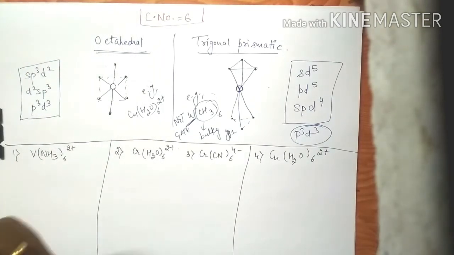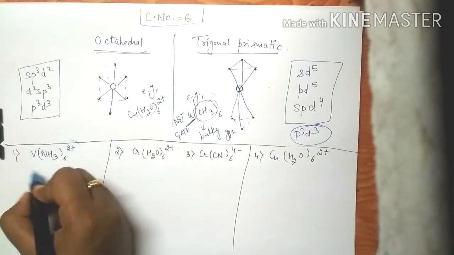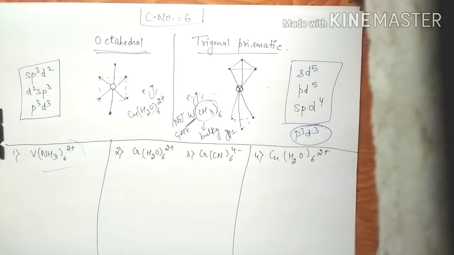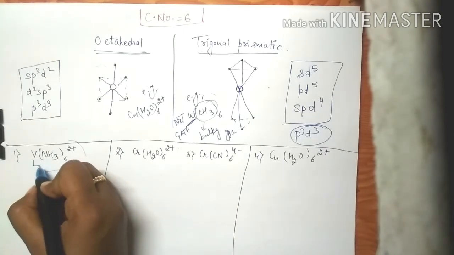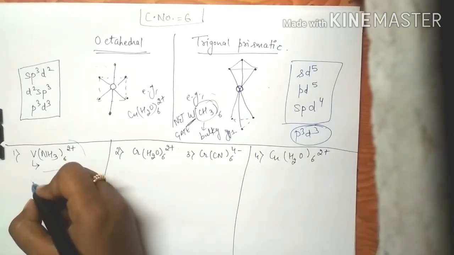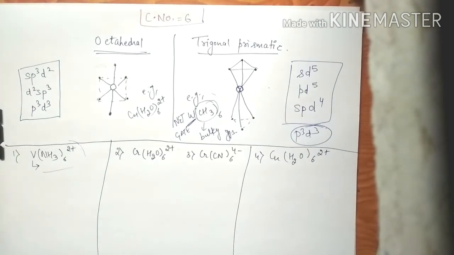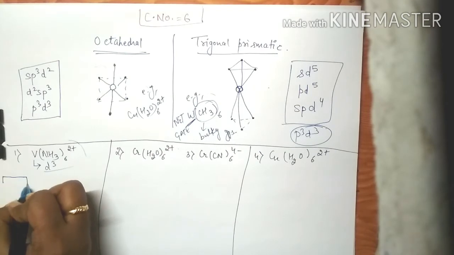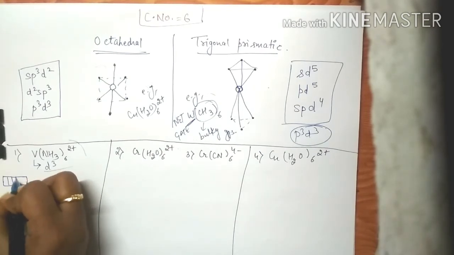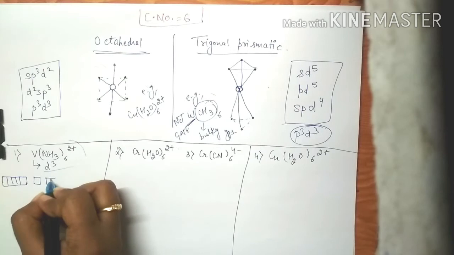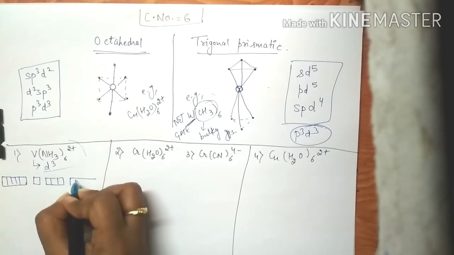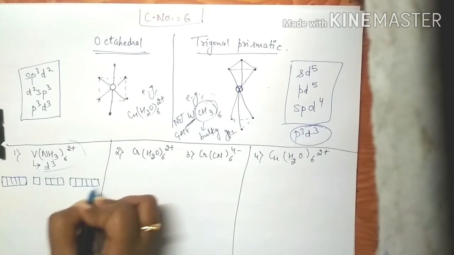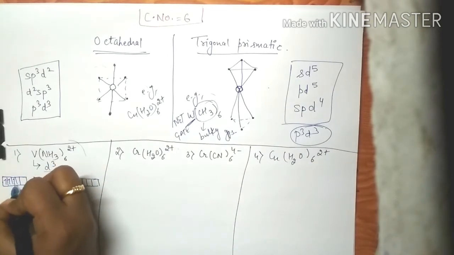If we talk about the first complex, [V(NH3)6]2+, how many d electrons are present in vanadium? The answer is d3. It is a d3 complex. If we fill the electrons, it will be like this: one, two, and 3.